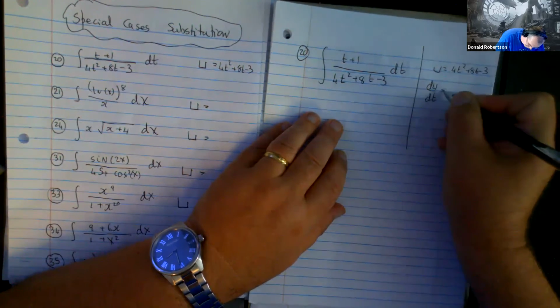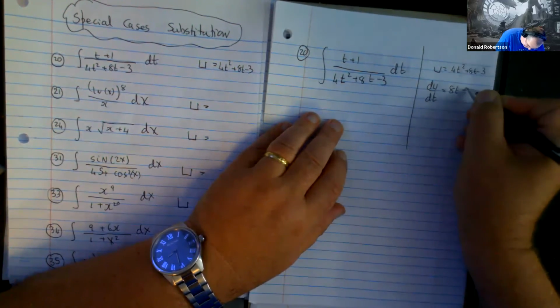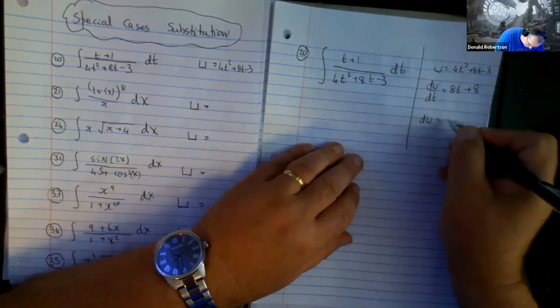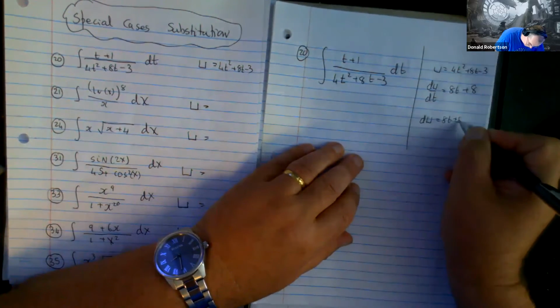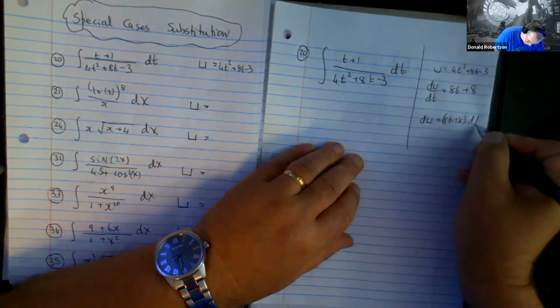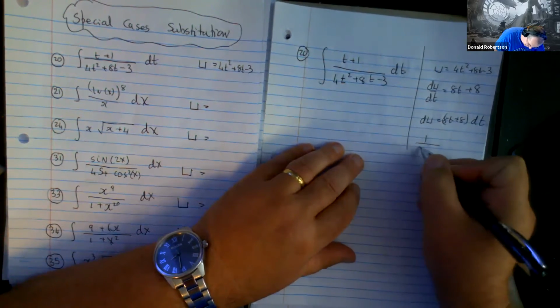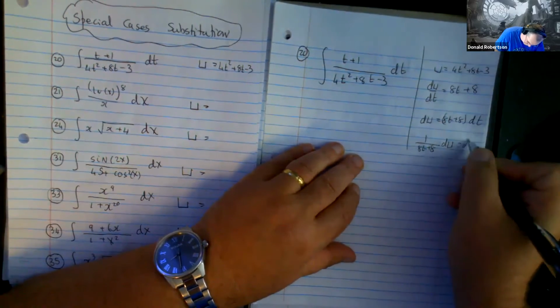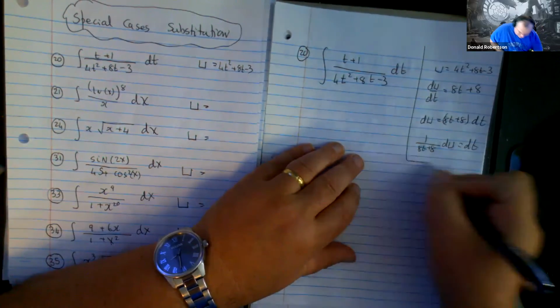Nothing too weird happens here. I'll do my crossover. Nothing too strange there. And then I'll divide both sides by 8t plus 8. Nothing too out of the ordinary has happened yet.